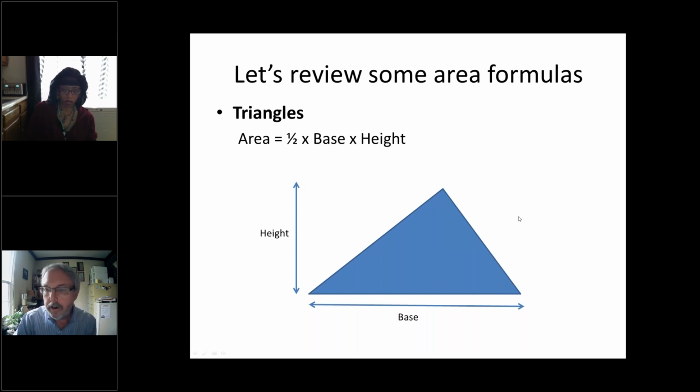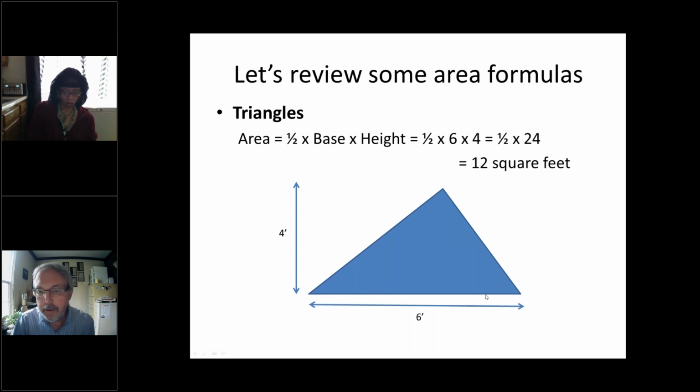So let's use that calculation in a real problem here, and we'll assume that this triangle has a base of 6 feet and a height of 4 feet. So we'll plug those into the equation, 1/2 the base times the height.